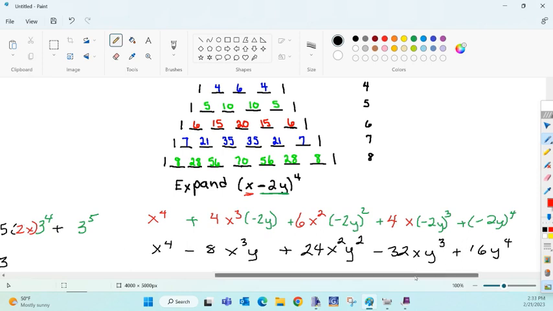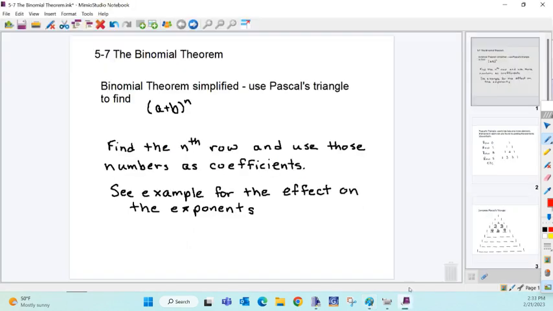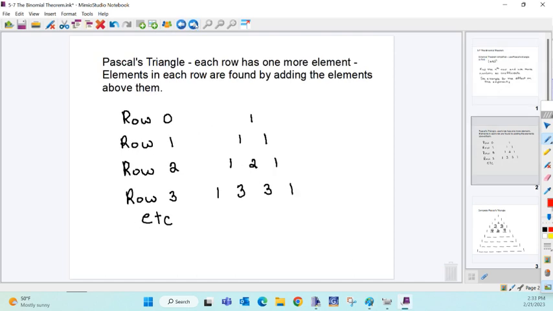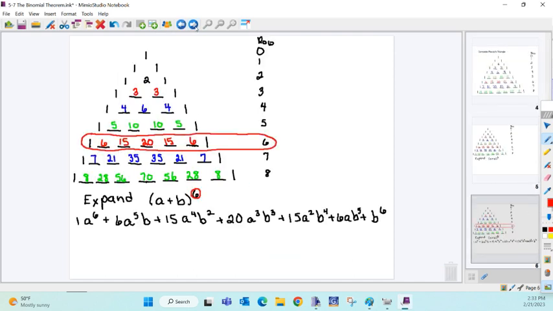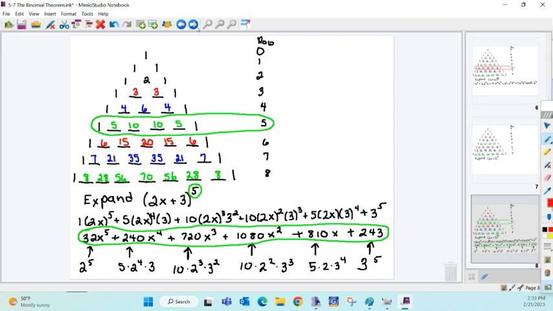That gives you your complete answer. Yes, it's a process, but it's not an oppressive process that's going to take you 15 hours. And it's way better than having to multiply that whole thing out. In the notes, I've got the different pieces that you would have to multiply all out. Even if you didn't want to use exponents, like for this one, you could do 10 times 2 times 2 times 3 times 3 times 3.